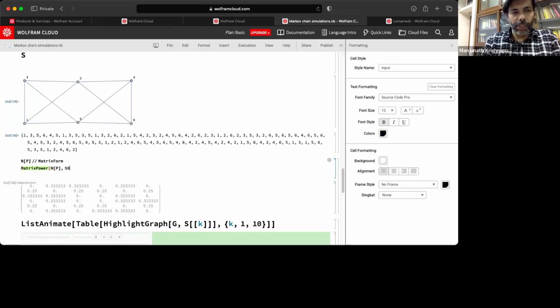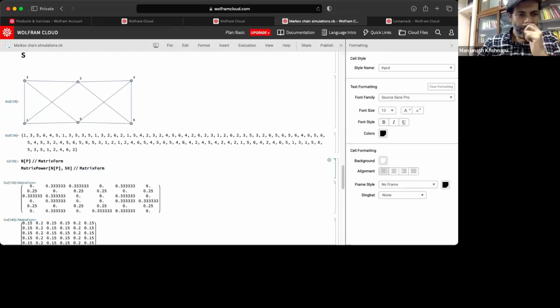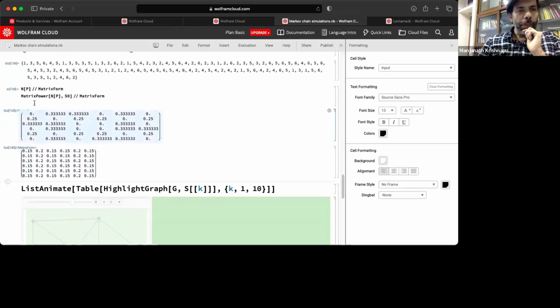Let's say we run the Markov chain for 50 steps and see what the matrix looks like. You see, P had all rows different, but when you raise it to a large power, all rows have become identical. You see, everything is 0.15, 0.2, 0.15, 0.15, 0.2, 0.15.